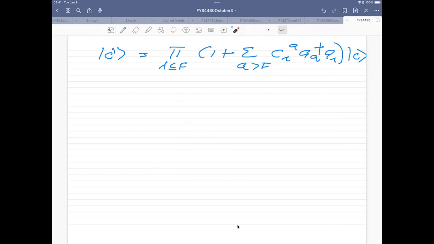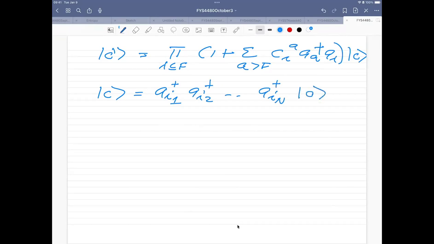So let's write this out. The state C, which I have, is something which I'm going to write out in terms of a†_i1, just to distinguish it from the I which we have here, and then there's a†_i2, and this goes all the way up to the last state below the Fermi level. So this is the way I would write that Slater determinant.